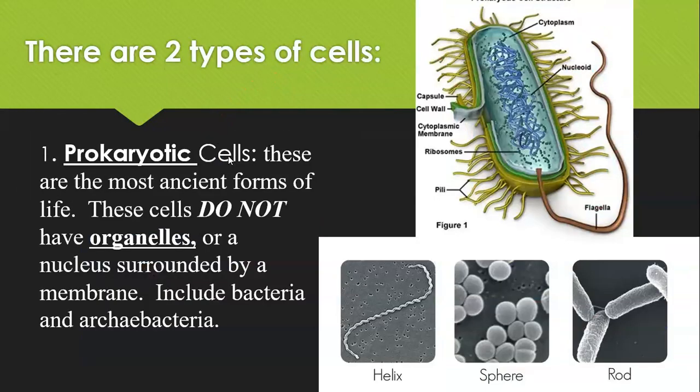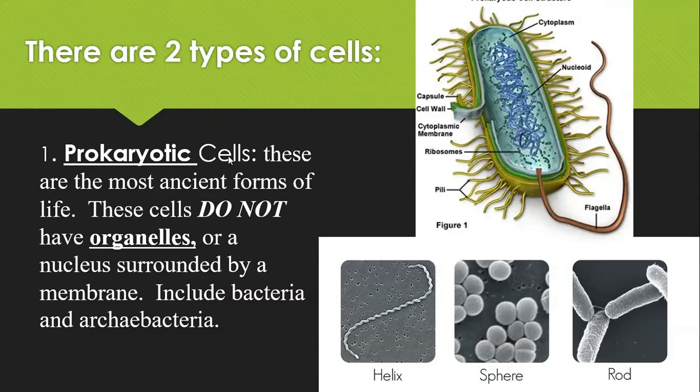Now, there are two main kinds of cells on planet Earth that we know of. The first type of cell is called a prokaryotic cell. Prokaryotic cells are the most ancient forms of life. These include bacteria and a special kingdom of life called archaeobacteria.